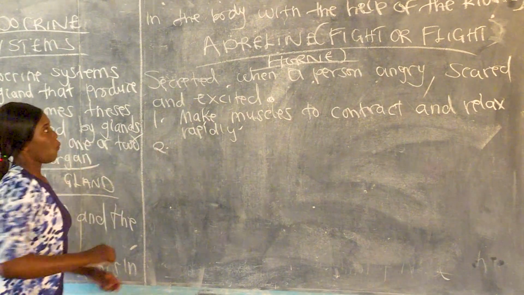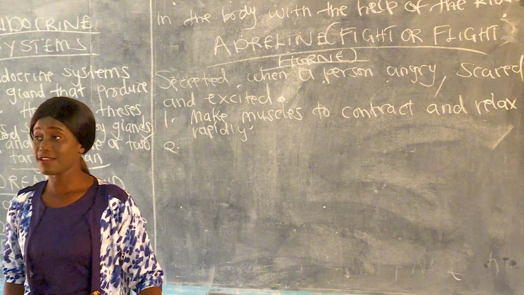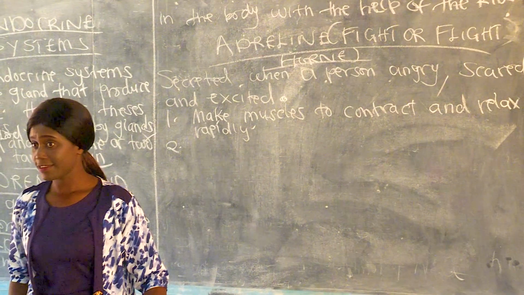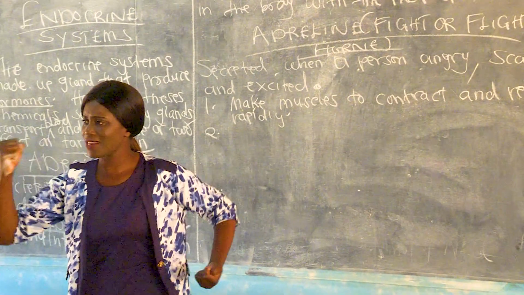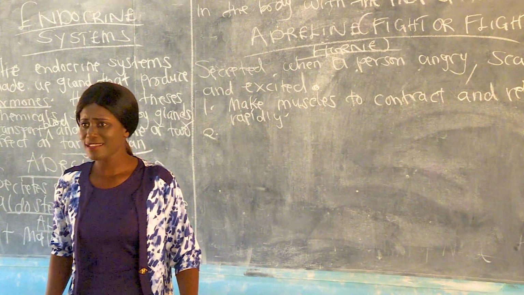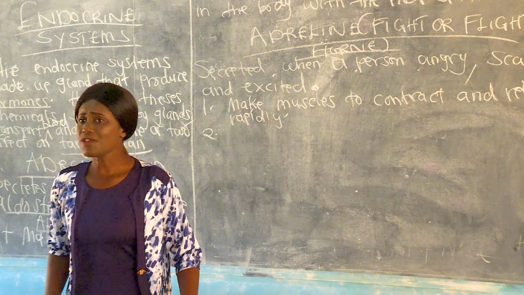Then number two, once this hormone is secreted, it makes someone breathe at a very fast rate. Okay? When someone is running, what do you think happens to the breathing rate? It increases. Others, when they are scared, what happens to the breathing rate? It increases.